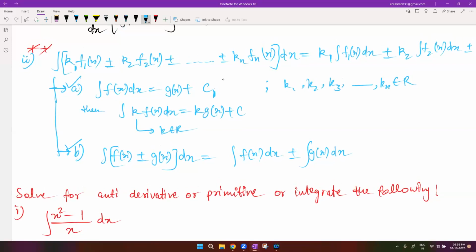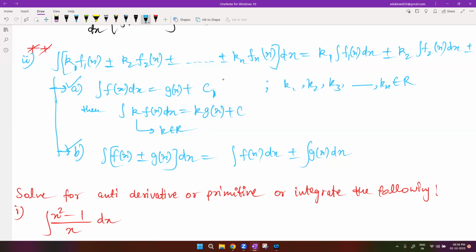One more thing I would like to highlight here is that you have studied the rule for how to integrate two functions when you are adding or subtracting them. But we have not talked about what happens when two functions get multiplied, or when one function is divided by another. For multiplication there is a specific rule, which we will discuss later on.